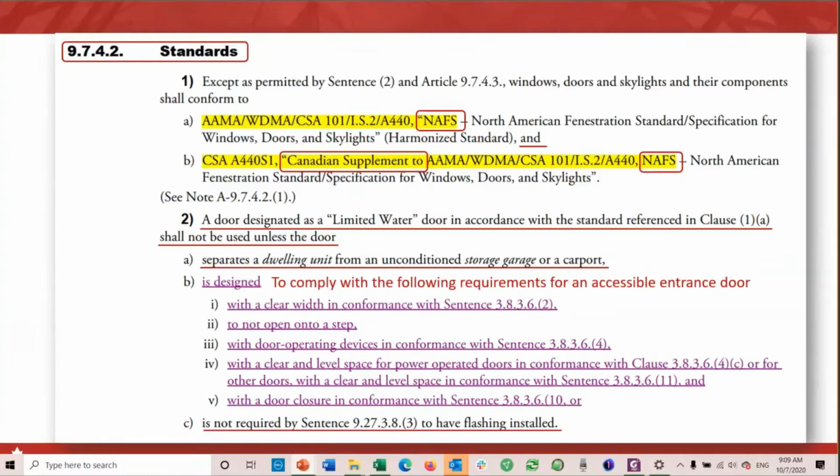It's mainly that low profile door sill, which is not able to have a level of water penetration resistance that would be optimal for a door that is providing you protection from the exterior environment. And the third exemption is doors that are not required to have a flashing installed by Sentence 9.27.3.8.3. So if the door does not require a head flashing in Part 9, then that door may have a limited water rating.